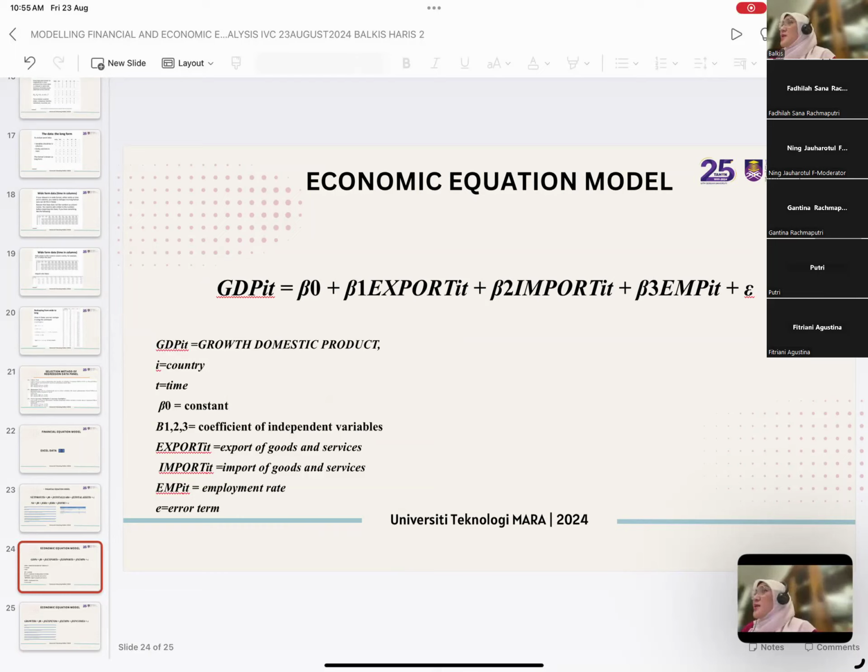We use the word robust to make sure that all those assumptions are met. Cluster robust error.